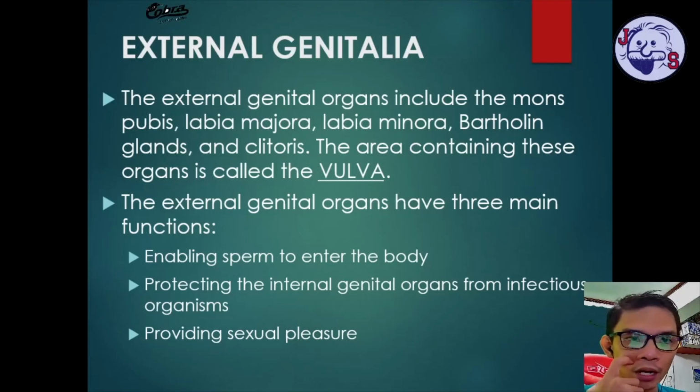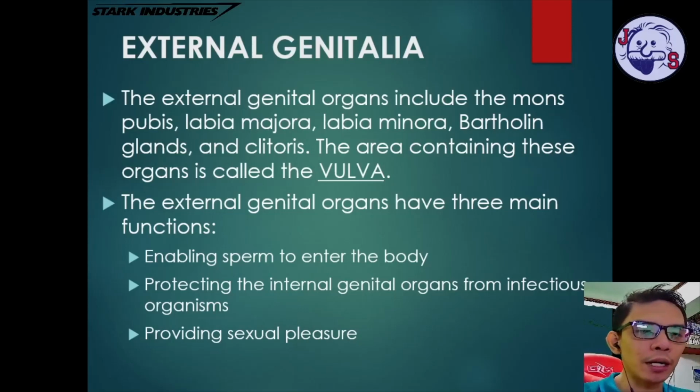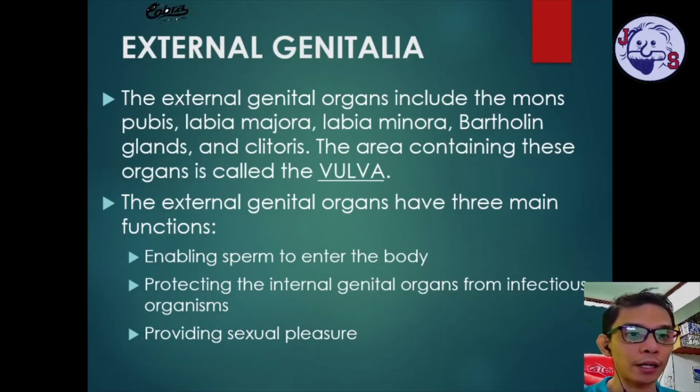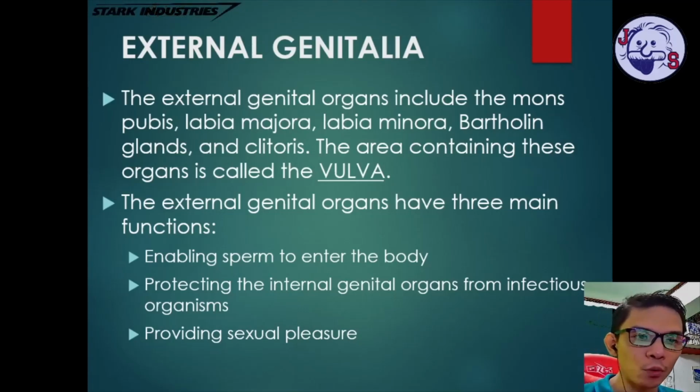If you undergo a sex change operation from female to male, the clitoris is the main organ they should look at in changing your sex organs. The area in which these organs are found is called the vulva.